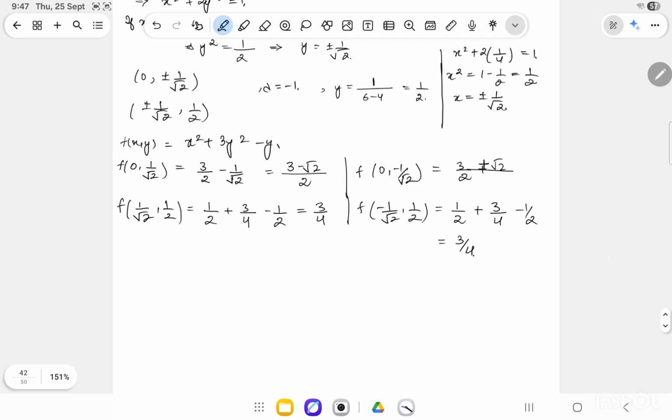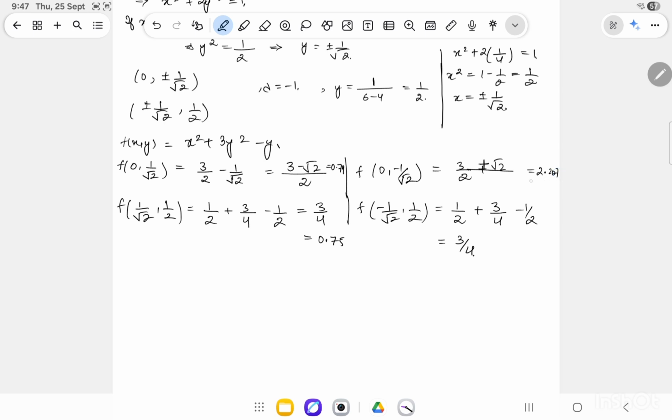Now we're supposed to check which one is maximum and which one is minimum. So this value 3 by 4 is basically 0.75, and (3 minus root 2) divided by 2 is 0.79 something, and this (3 plus root 2) divided by 2 is 2.20 something.